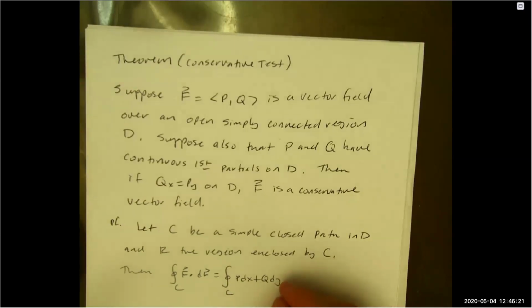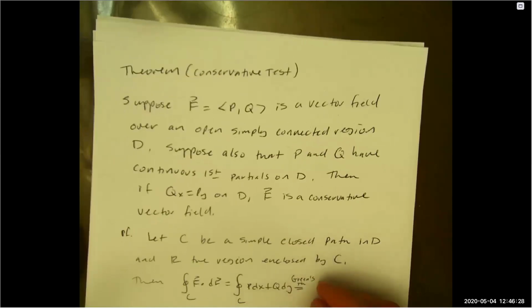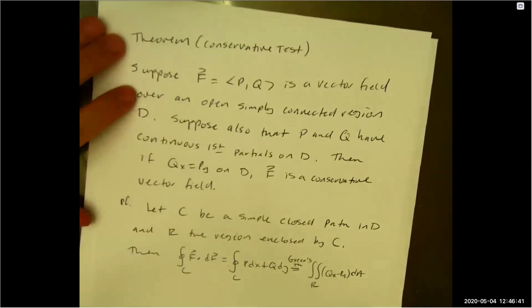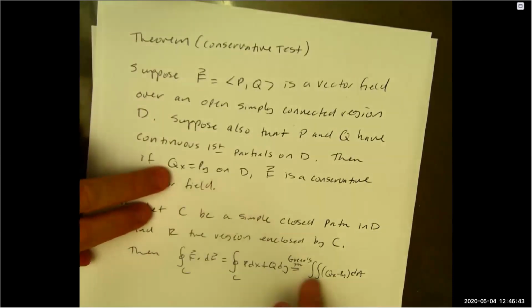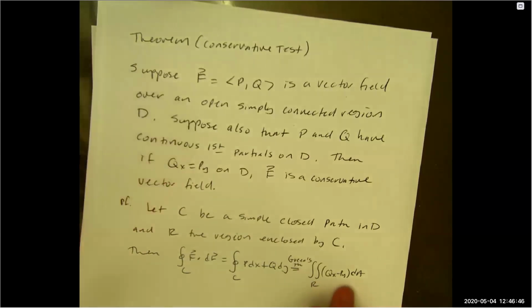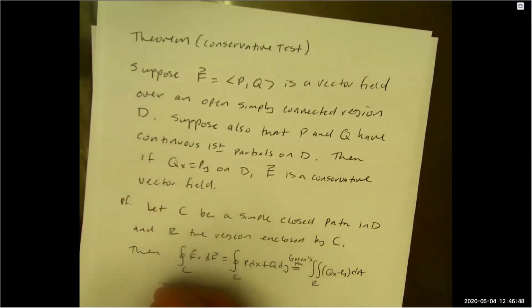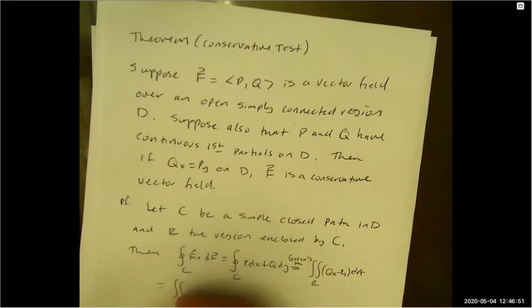And by Green's theorem, this is going to be equal to the double integral over R of Qx minus Py. And remember, we're assuming here that Qx is equal to Py. So that means that Qx minus Py is 0. So this is equal to the double integral of 0, and this is equal to 0.